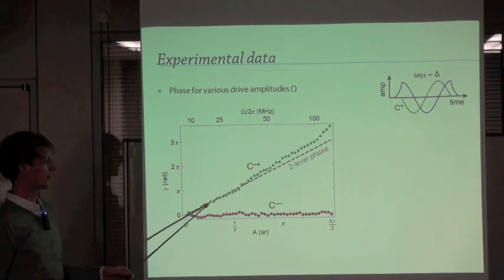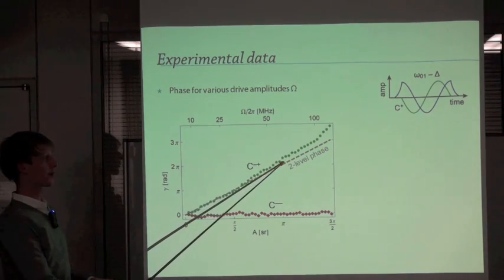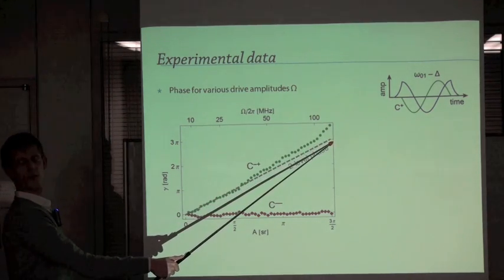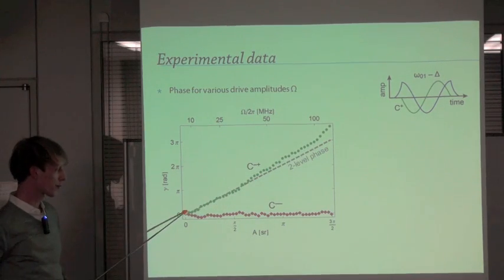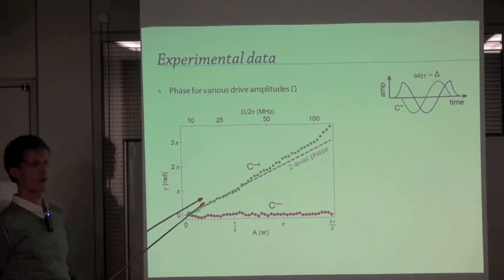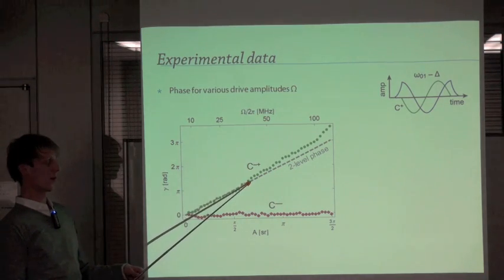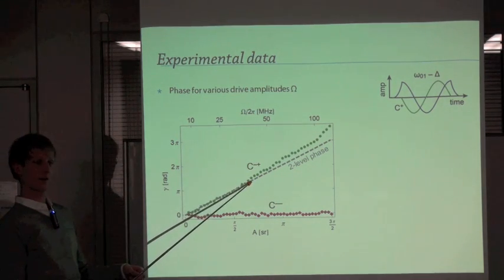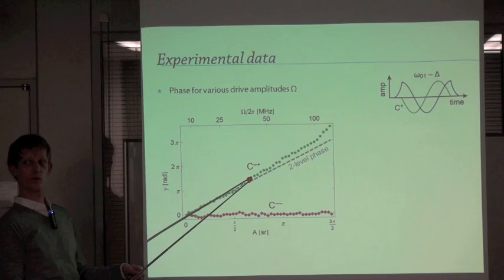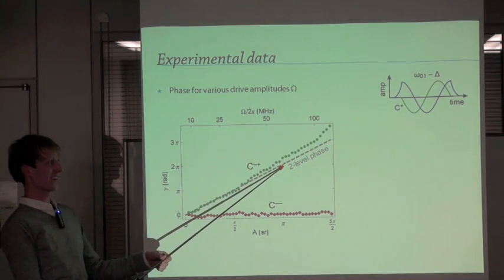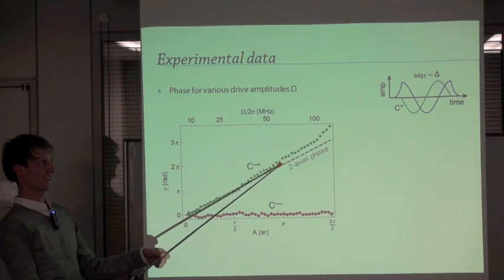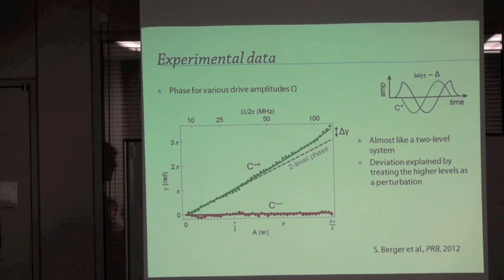This gray line here is the theory prediction for a perfect two-level system. The green dots is what we measure. So you see that it's quite okay for small solid angles, meaning small drive powers. But then you see some discrepancy. And we were able to explain it.